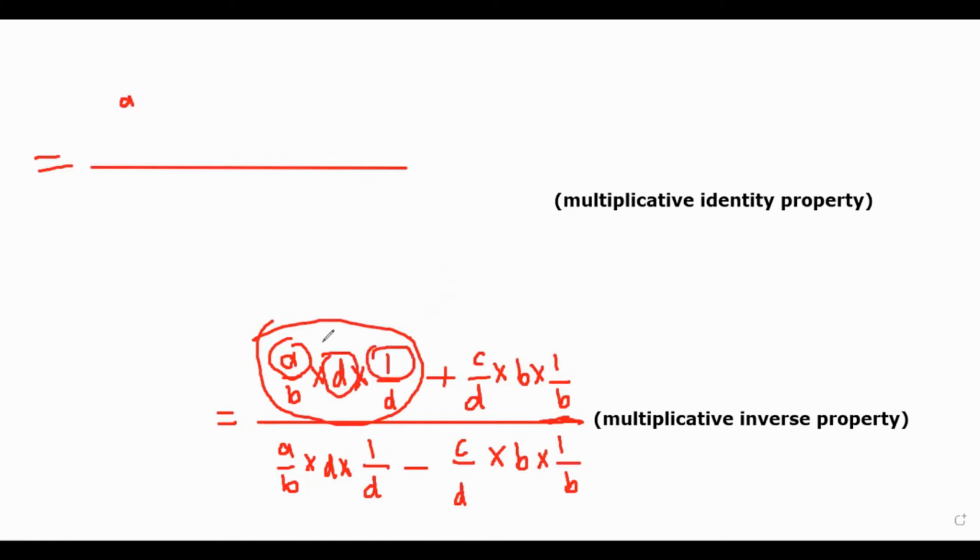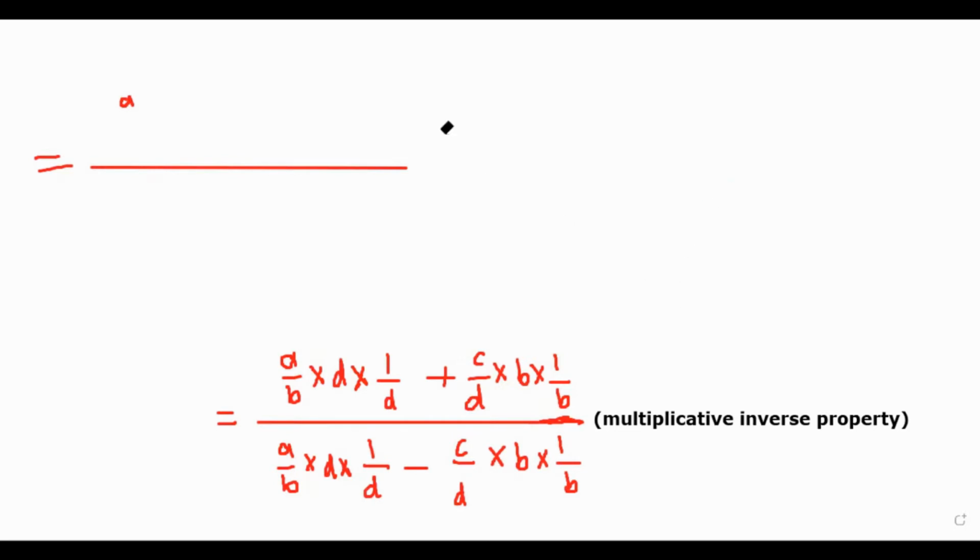So here we have another property. According to that property, we can write this d cross 1 by d as d by d. This is again the property because d multiplied by 1 is equal to d. So again we are using the multiplicative identity property.